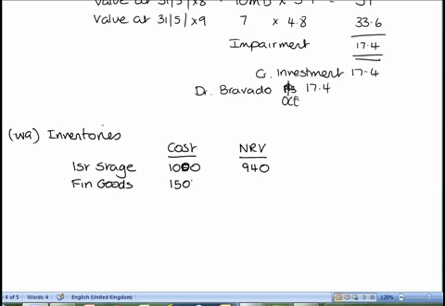If we take a look at the finished goods, the cost is 1,500 and the NRV is the revised selling price less the selling costs. So we're going to adjust that by $60 a unit, and we've got 10,000 at the first stage of production and 20,000 at the second stage of production.